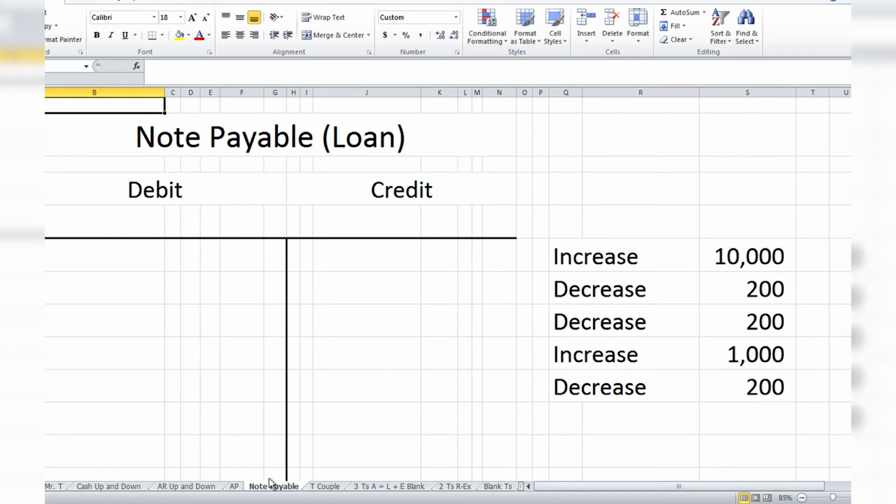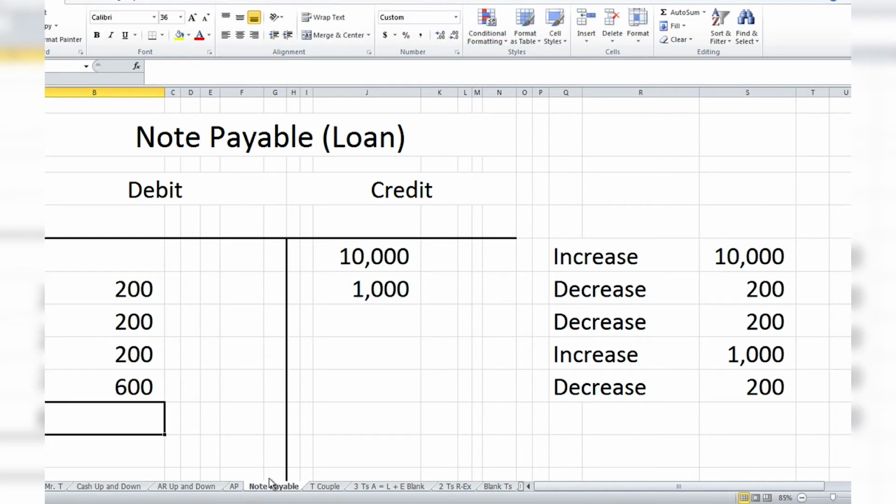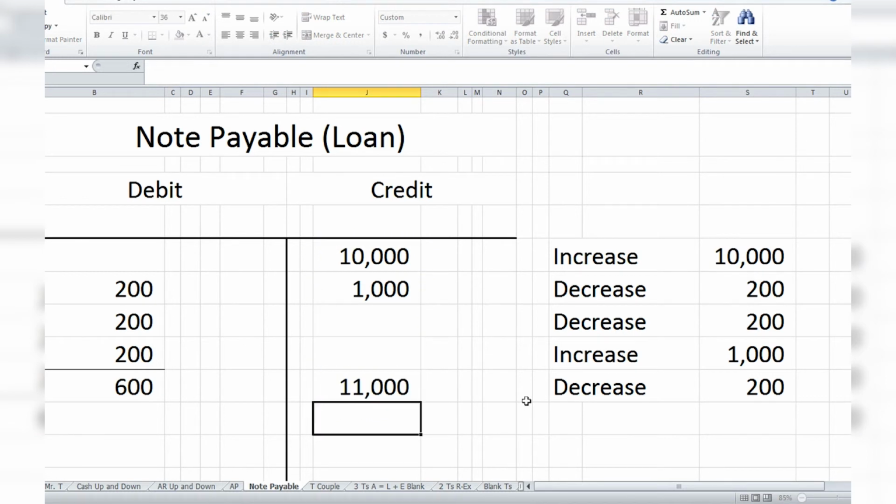Here we have notes payable. Increasing with the credit, 10,000. Beginning balance is 0. Decreasing, 200. Another 200. Increasing, 1,000. Decreasing, 200. I'm going to sum those totals and see what I result in.